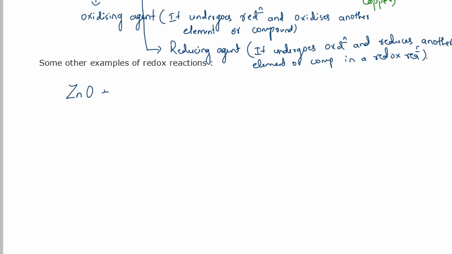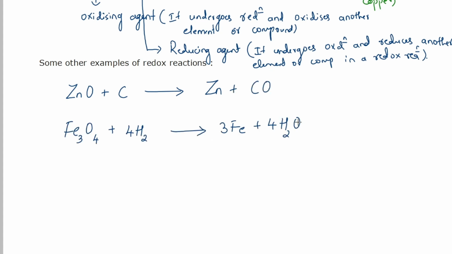Zinc oxide reacts with carbon to form zinc plus carbon monoxide. For both these reactions, we are going to find out which is the oxidizing and reducing agent, which is oxidized, which is reduced.